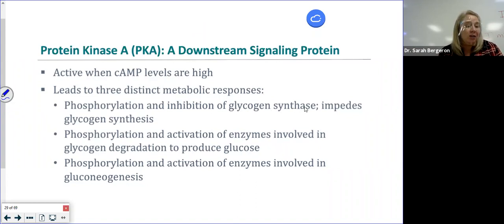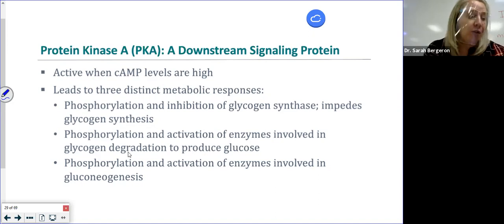So you stop making glycogen. Then you're also going to activate enzymes involved in glycogen degradation. So we're going to break glycogen down and stop glycogen from being made. At the same time, we're also going to activate enzymes in a separate pathway that will get us glucose. The other way that we can get glucose is through gluconeogenesis, so you actually create glucose.